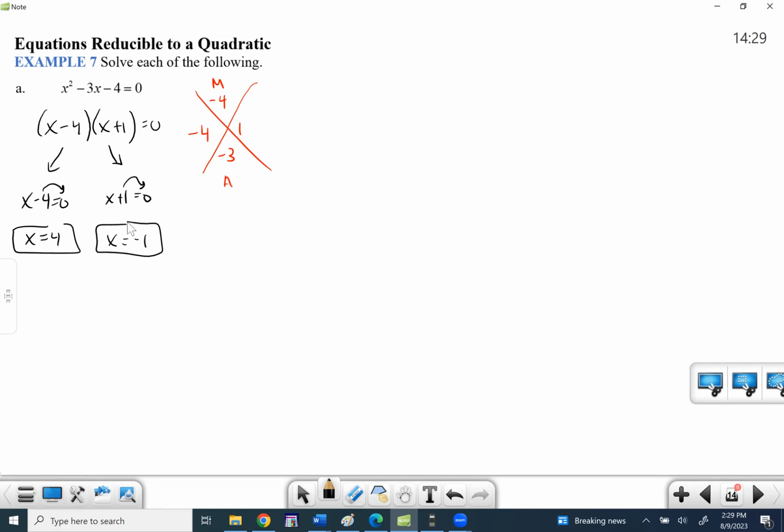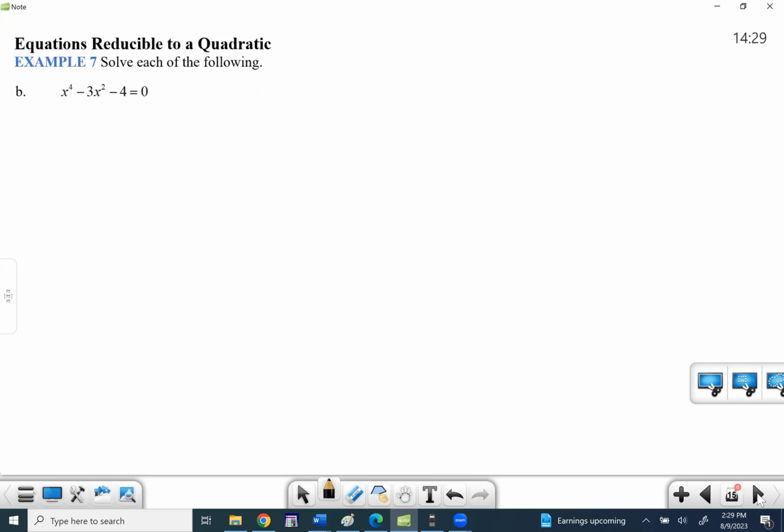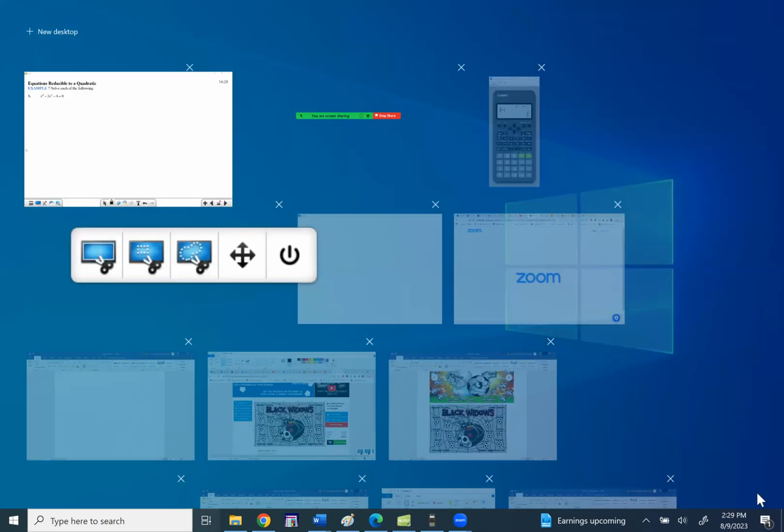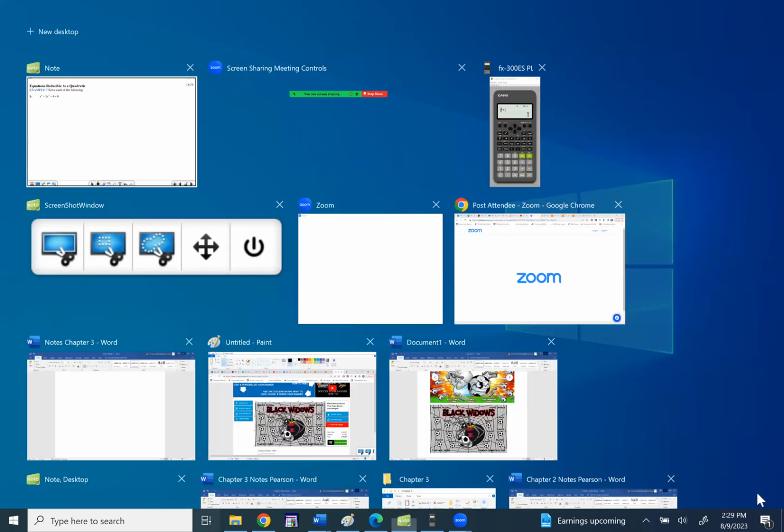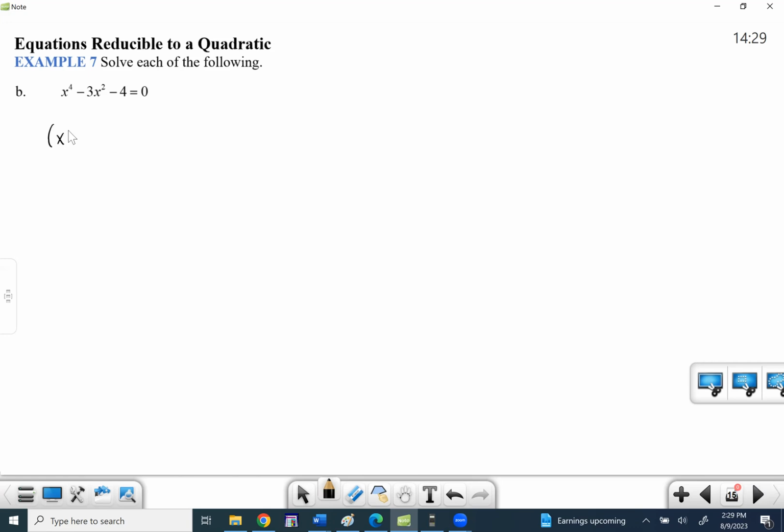Now, that solving is going to happen on both of the next two because they will reduce to this exact quadratic. So the way that we take something like this and reduce it down to a quadratic is we start off by writing it as x squared squared. That's still going to be x to the 4th. But what it does is it allows us to make a u substitution on it.